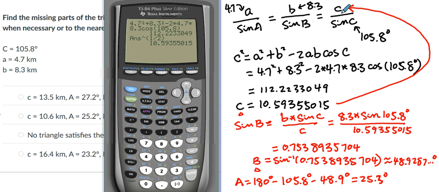And then we have C over sine 105.8, and B is 8.3. We can find sine B by cross multiplication. B sine C divided by C: 8.3 times sine 105.8 divided by C. We just found it right here.